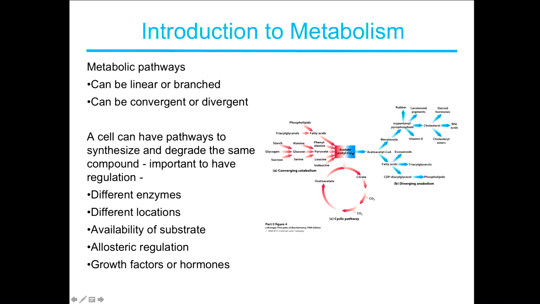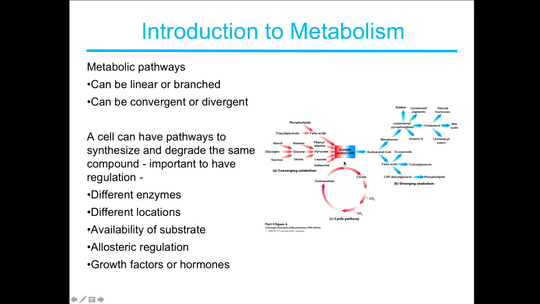Coming out of that, you can use a molecule to build another molecule, and then sometimes you have a choice of different things you can make. So it can also be divergent. You can make a bunch of different things from one precursor as well. Then you can also have cyclic pathways. We're going to talk about the citric acid cycle in a few weeks, I guess after spring break.